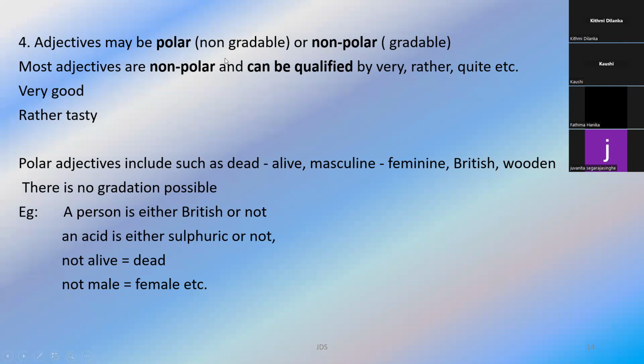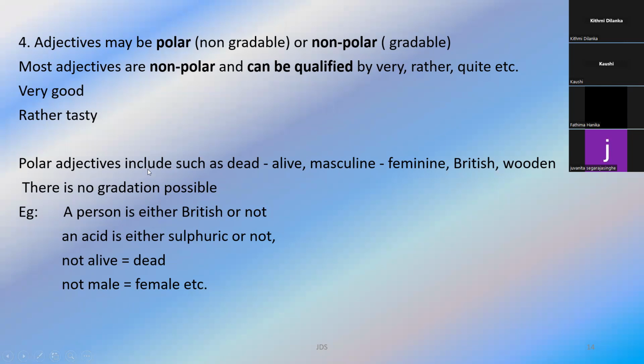Most adjectives are non-polar. That means they can be graded, and they can be qualified by very, rather, quite, right? So it's rather cold. It's very hot. So the adjectives are gradable. They are non-polar, and the degree can be qualified using these words.